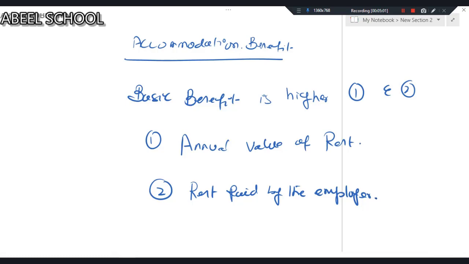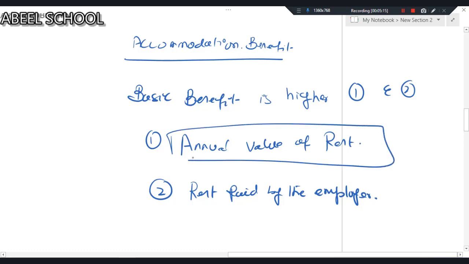But normally, property will be owned by the employer. If the property is owned by the employer, then basic benefit will only be one, that is annual value of the rent. But there is a possibility that the employer has given you a property which is not owned by the employer.